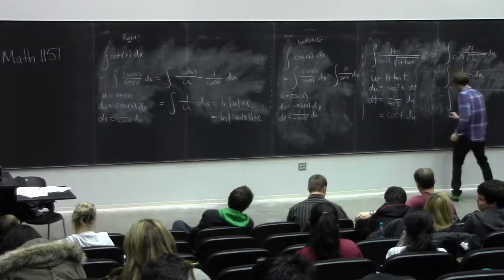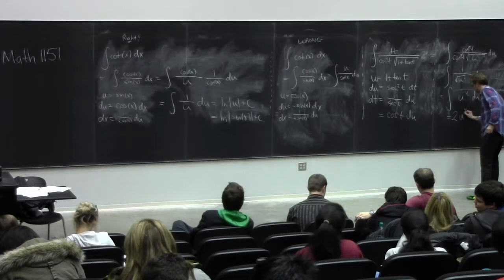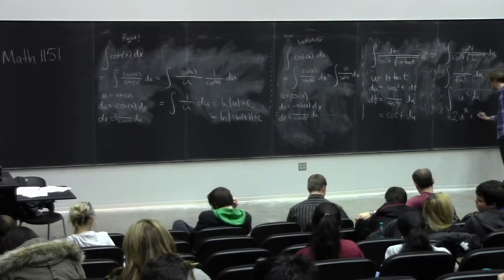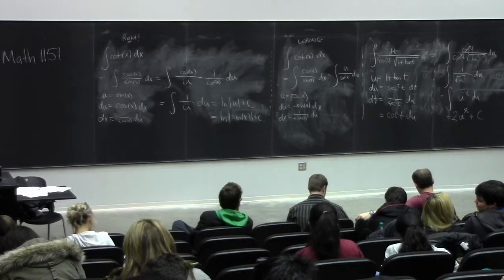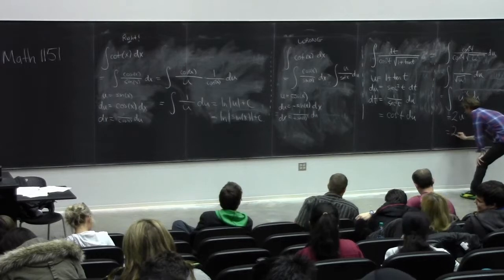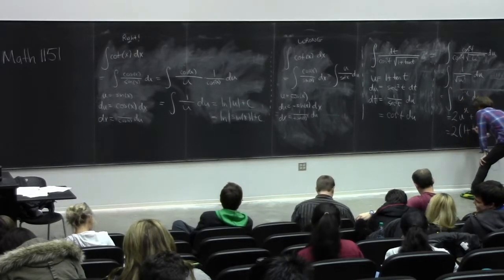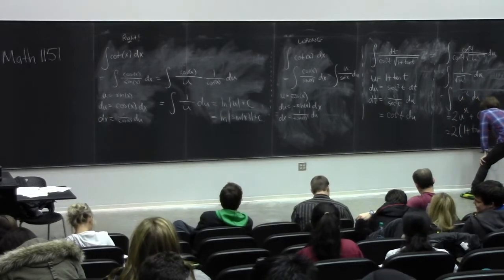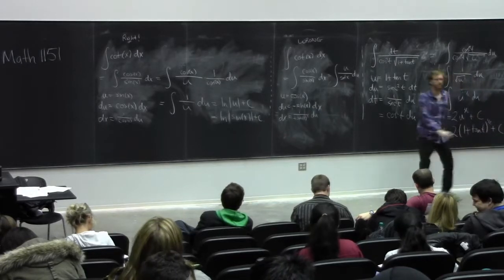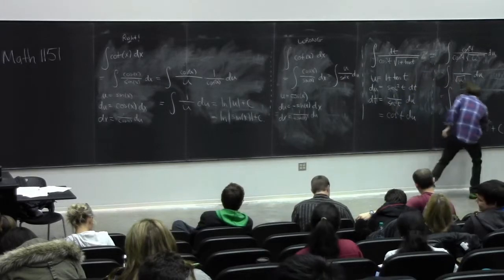It's equal to 2 u to the 1/2, right? Plus c. And so our final answer is 2 times (1 plus tan t) to the 1/2 plus c. And I'll box that in.